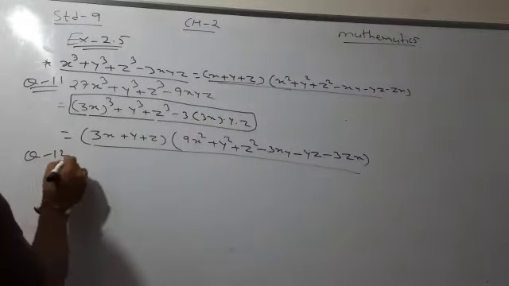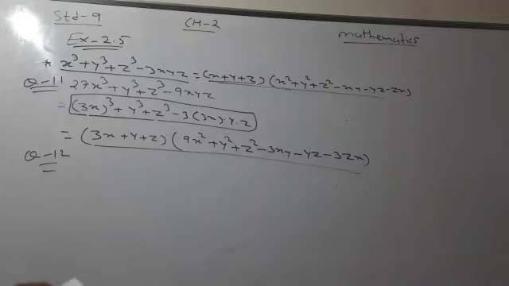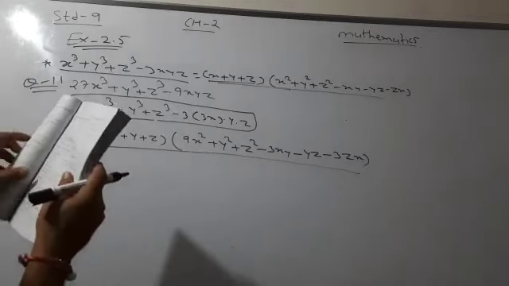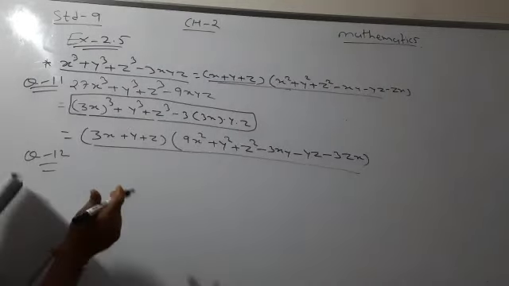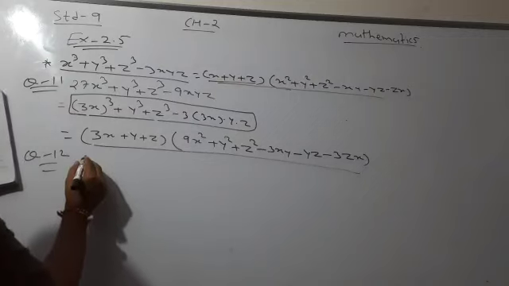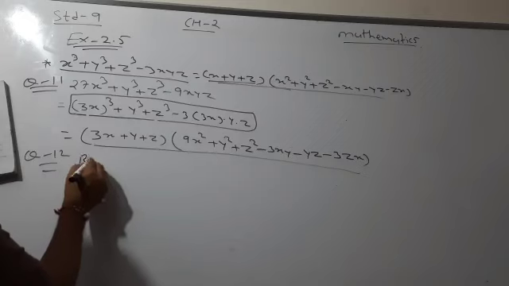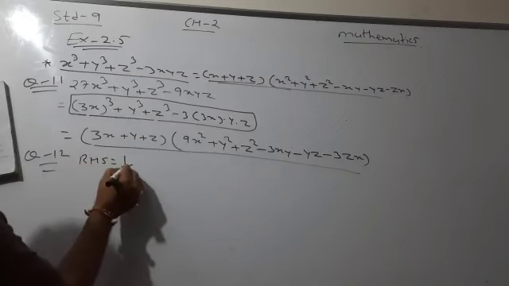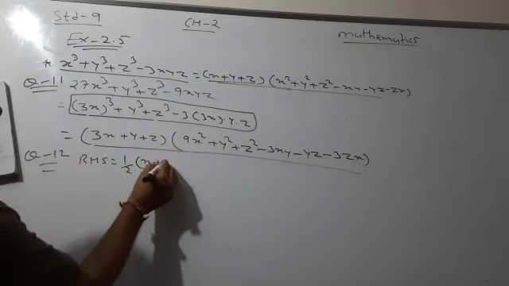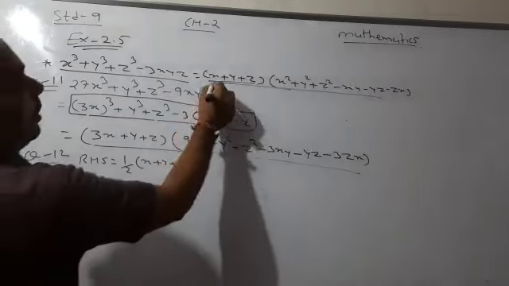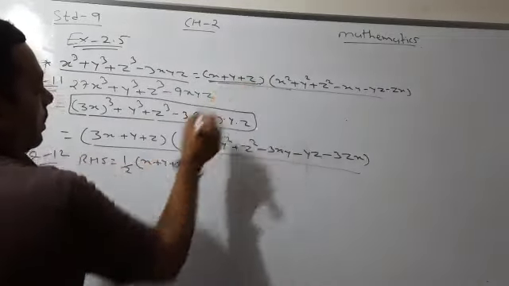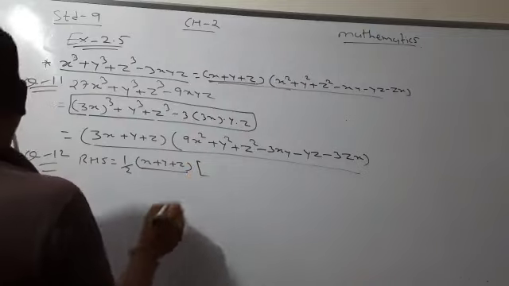But question number 12 is also similar to this question. See, question number 12 is verify the formula for x cube plus y cube plus z cube minus 3xyz is equal to this. Now I will start with RHS. Why RHS? That I will tell you. Because we know that this bracket is there in the formula, but another bracket is a little bit different.